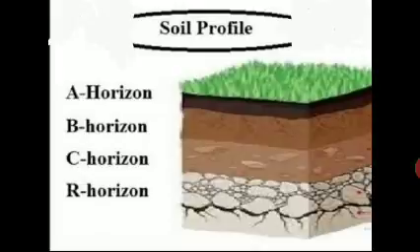Such zones, arranged in descending order, indicate different stages in the development of soil which collectively constitute soil profile. The three zones beginning from the surface downward are zone A, zone B and zone C.